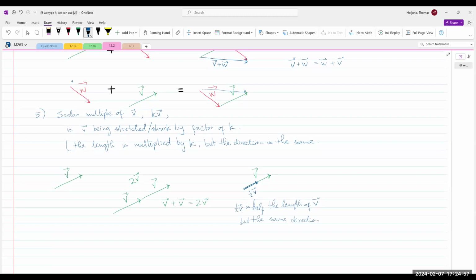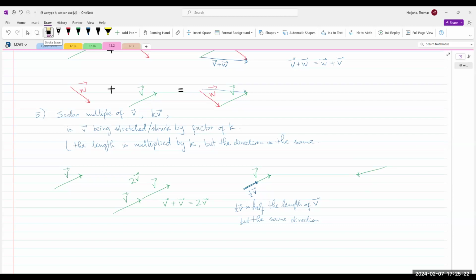Now we go on to what happens if we have negative v. How do we represent negative v? Negative v is the same vector, but you reverse the direction. You see how I did it?